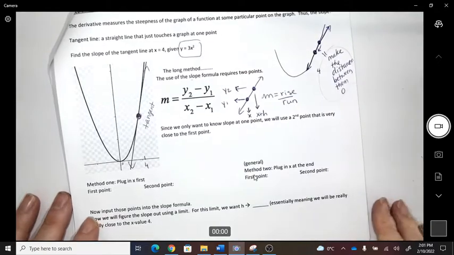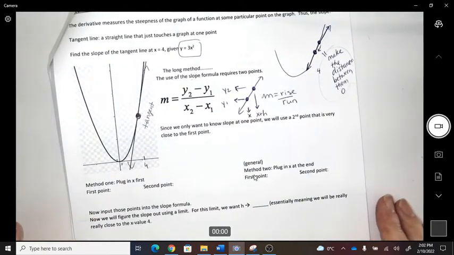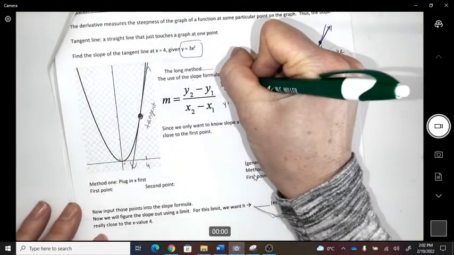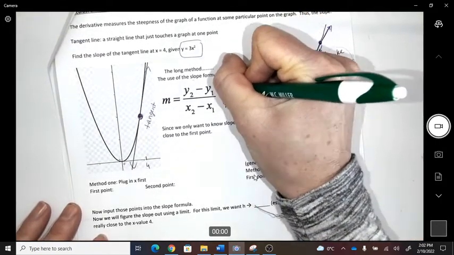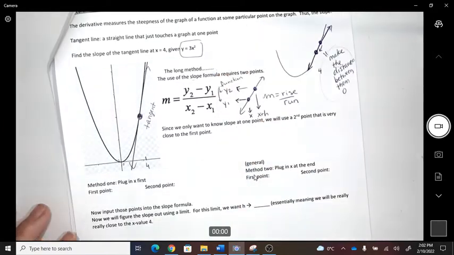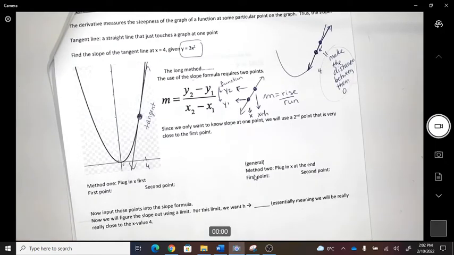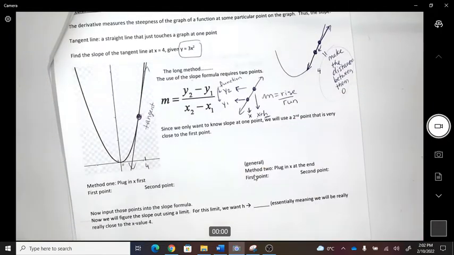Okay, and then there's the y1 and the y2. And then that's going to be whatever the function is. So it'll be different on different problems, okay? Whatever our function is. Okay, so remember our goal is that we're trying to get this distance to be 0 so that our points are actually on top of each other and tangent.